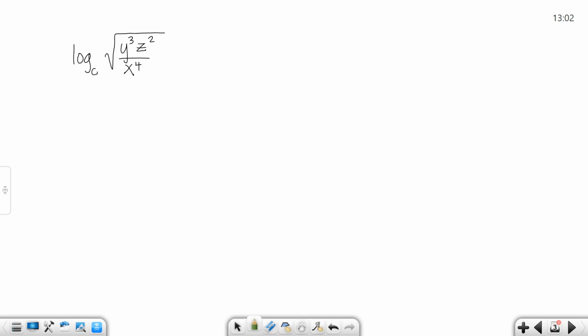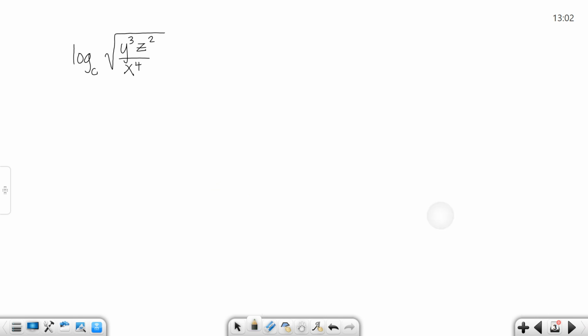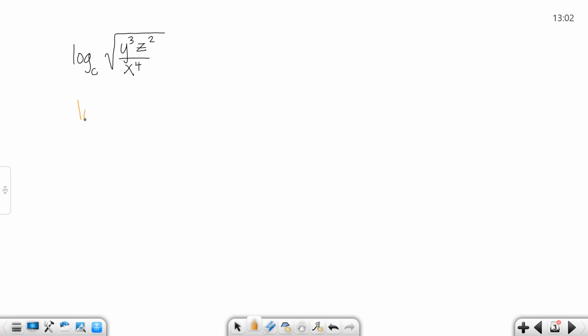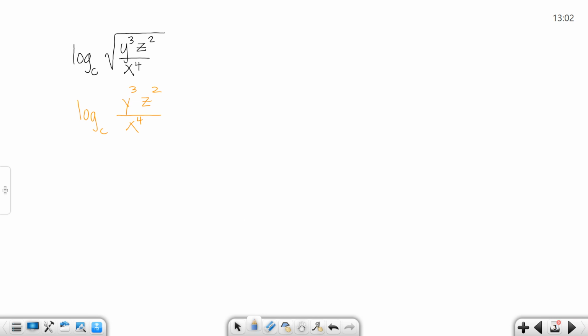Whew, and we jump straight to a bad one. So here's our next one. This is definitely the hardest one that you would see. First of all, you have to clean up the radical. So you have the log base c of y cubed, z squared, and x to the fourth. Now all of those are underneath the radical, so I have to rewrite that radical.